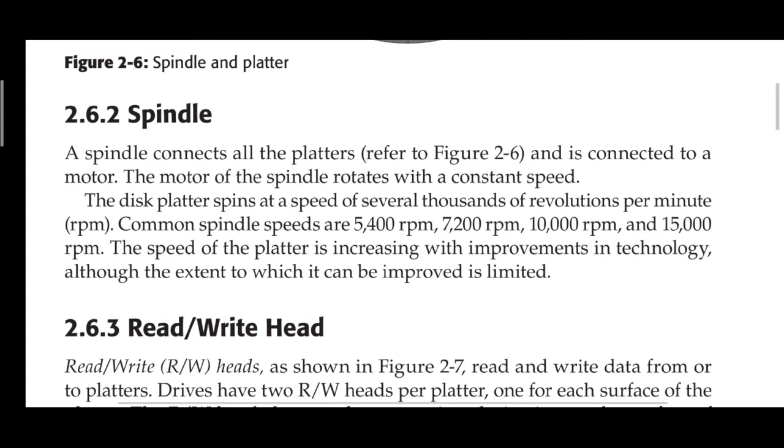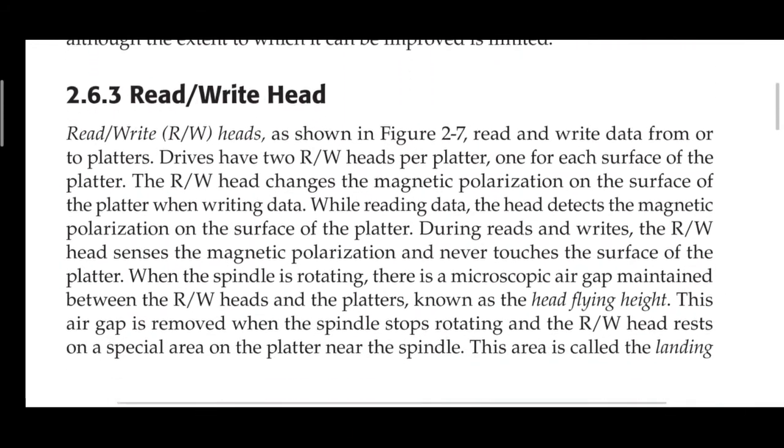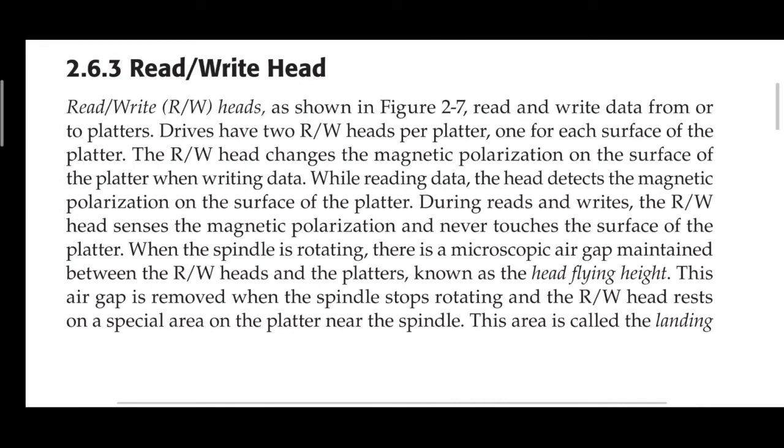Because of the rotation of the platter, different surfaces of the platter fall under the read write head. So what will happen? Data stored in different areas of the disk or platter can be easily recognized by the read write head. Read write head is the one shown in figure 2.7.